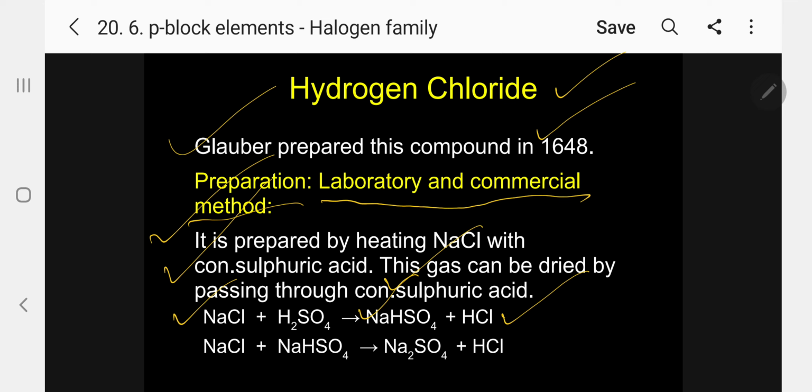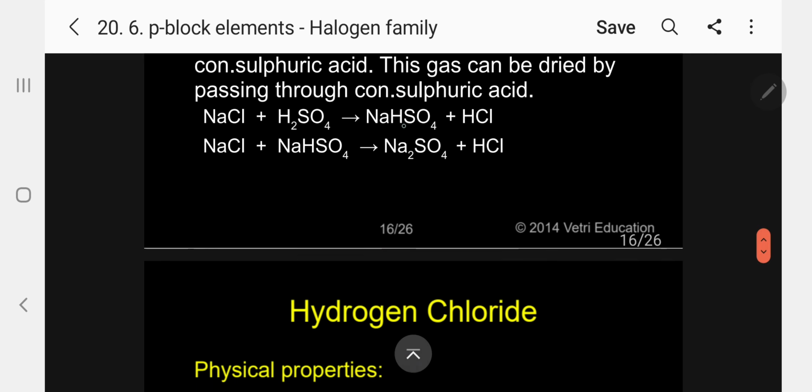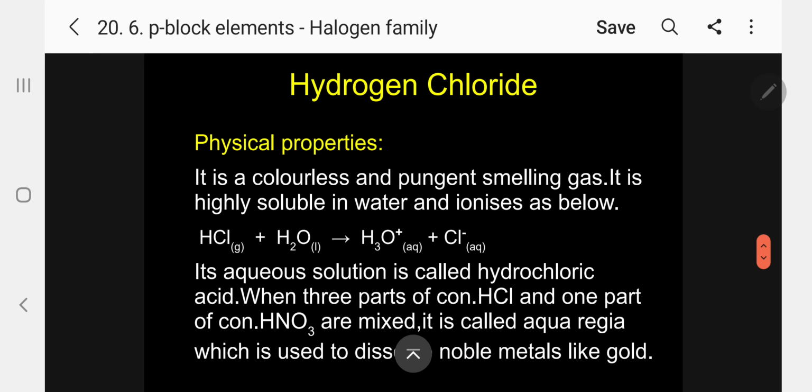Then by adding excess of sodium chloride, sodium bisulfate is converted into sodium sulfate and HCl. Kindly follow. So we are getting HCl from sodium chloride by these 2 steps. We are getting this commercially as well as in the laboratory.